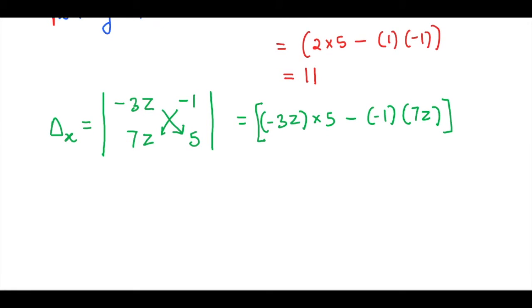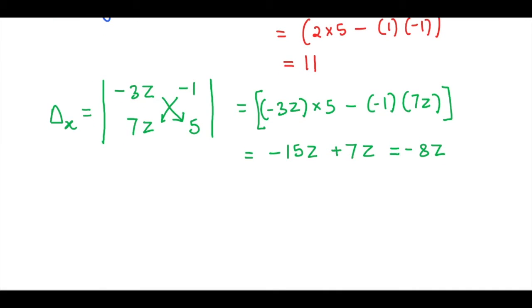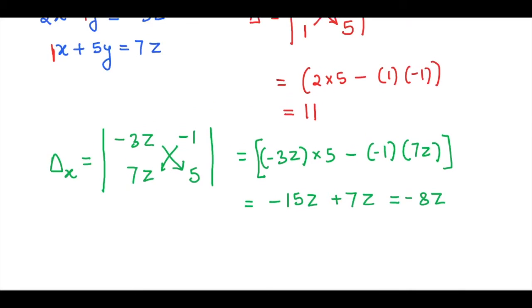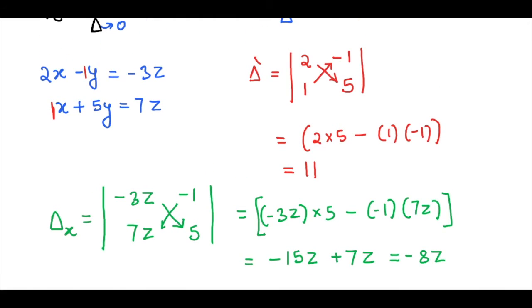So this is -15z plus 7z, and you will get -8z. So this is the value of del x.